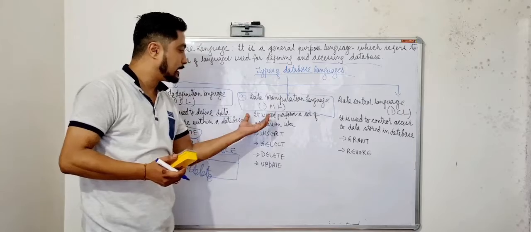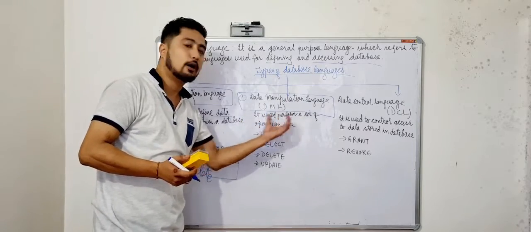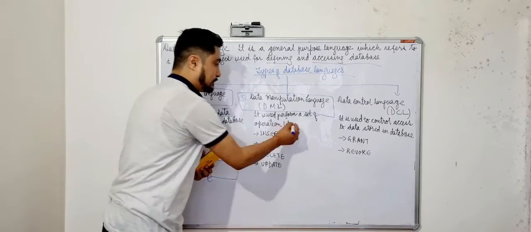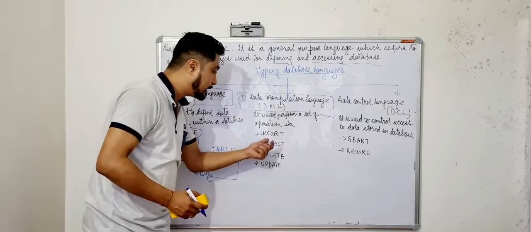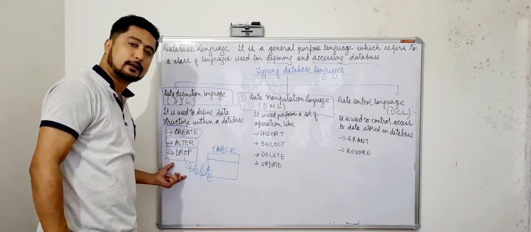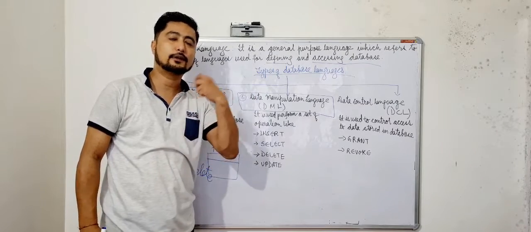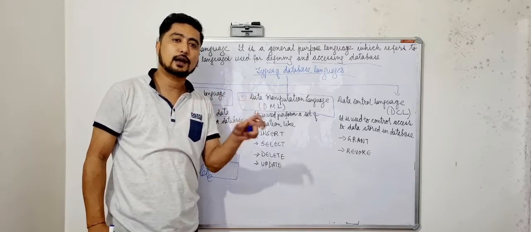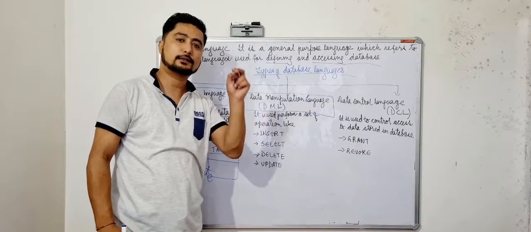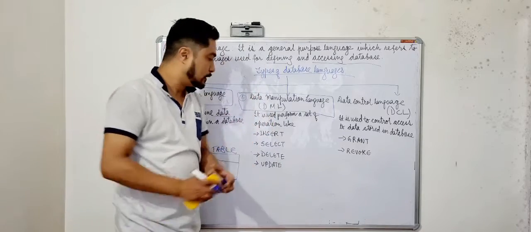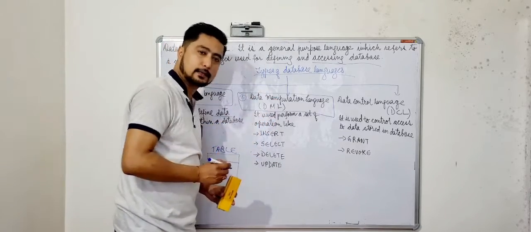Manipulation means it is used to perform a set of operations like insert. First we have created the table, and now after creating the table we have to insert the data. That means you have to populate the table with data. Data manipulation does that.